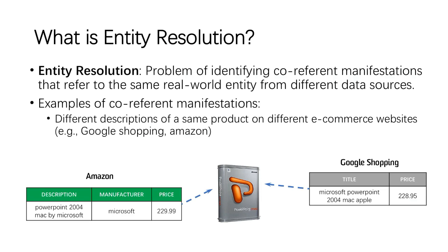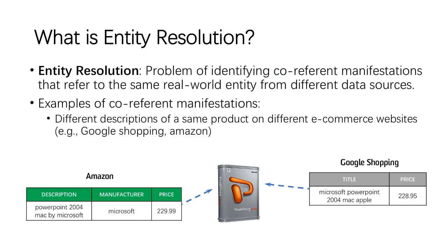So we give a few examples below. The first example comes from a real dataset widely used as a benchmarking dataset, where a group of researchers crawled the Amazon website and the Google shopping website and collected all the information into relational tables. Our job is to identify the same product sold on two different platforms.